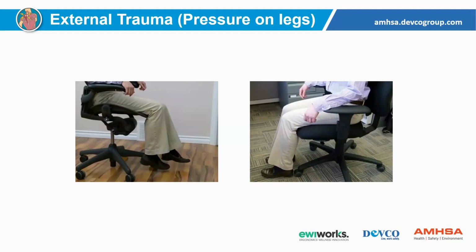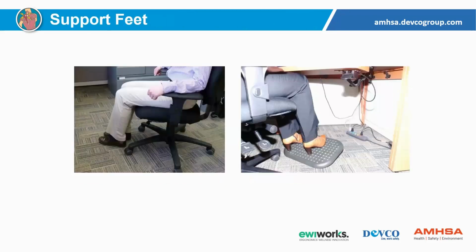And most of us, anyone who's sat in a chair that's too big for them, we don't like stuff touching the back of our leg. So what we tend to do is scoot forward in the chair, and then the impact is we don't have enough back support, or we're slouching to reach the backrest. So both of these are contact stress on the leg and things that we want to try and avoid.